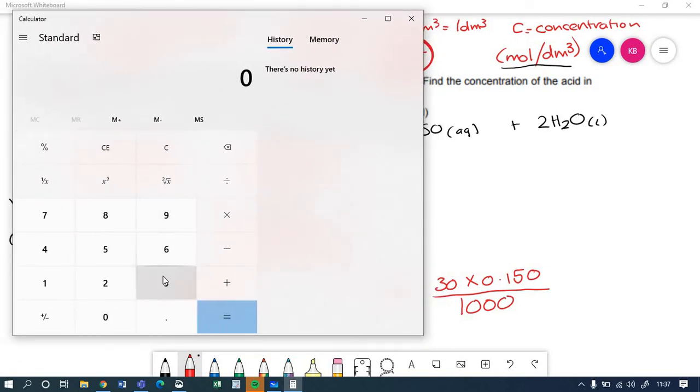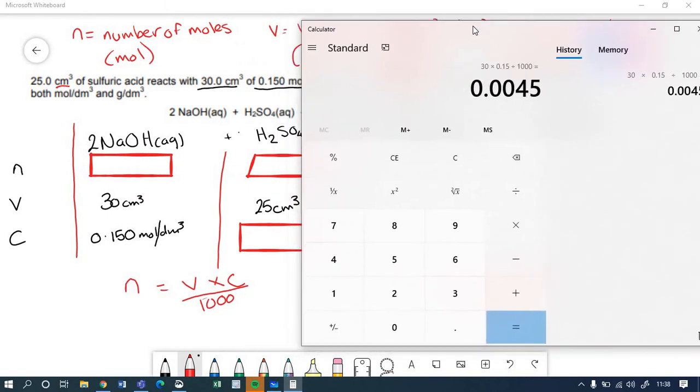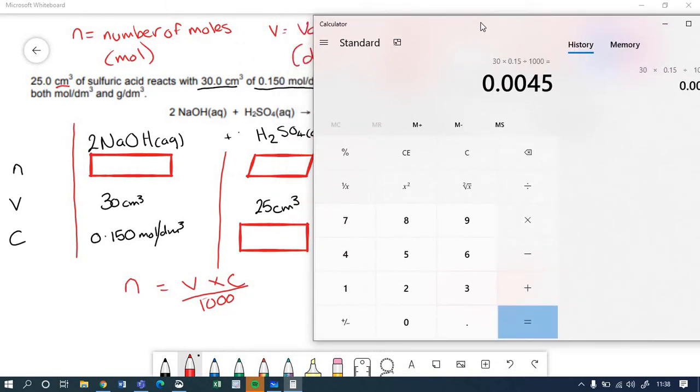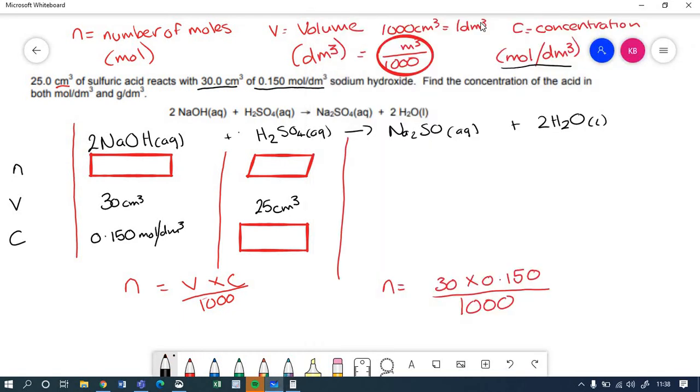So I've got 30 times 0.150 and then divided by 1000 equals, so the answer is 0.0045. Right, so back to my black pen, 0.0045.